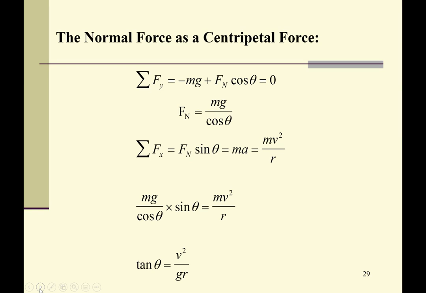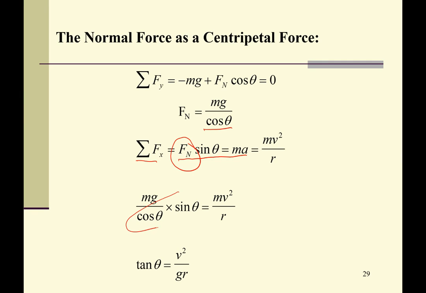So when we're looking for the normal force, we know that the normal force cosine theta minus mg is equal to 0. So mg over cosine theta equals your normal force. Then we look at our x direction. In our x direction, we noted that our normal force sine theta equals mass times acceleration, which is mv squared divided by r. Okay, so when we substitute in our normal force, which is mg over cosine theta, we get mg over cosine theta times sine theta equals mv squared divided by r.